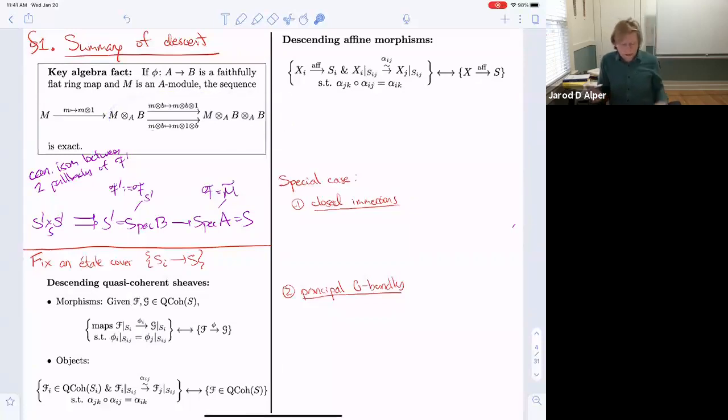And to state this in a slightly different way, if we forget about M to begin with, the statement of descent is that you can recover F from this data.